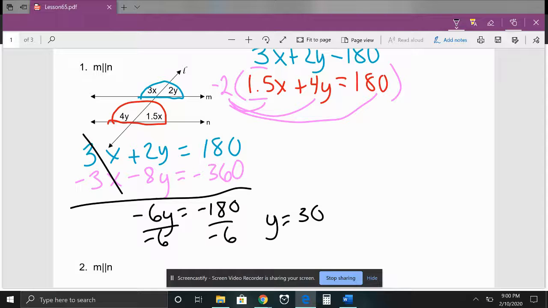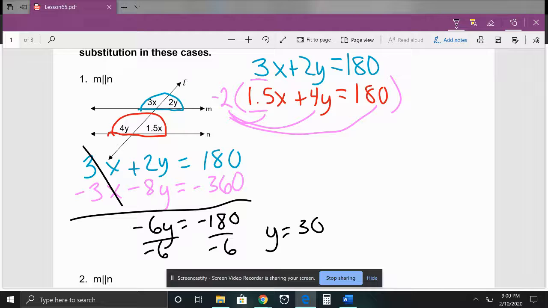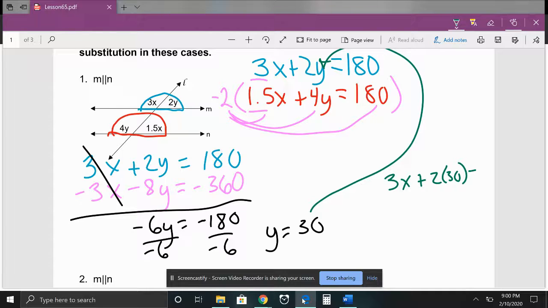Okay, solved for y. Now I have to solve for x. I would plug it into the top equation, honestly, since that looks easier to figure out. So we have 3x plus 2 times 30 equals 180.